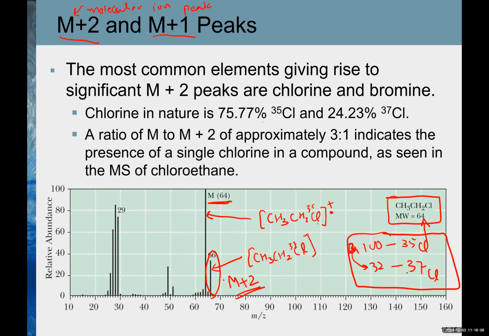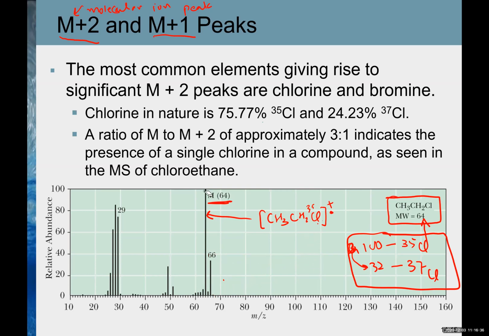That's why if you conduct mass spectroscopy of chloroethane, and let's say you have Avogadro number of molecules injected into it, for every 132 of them, 32 will have this one. And because they contain a heavier isotope, their mass will also be heavier by 2. So this is a typical pattern of an M plus 2 peak.